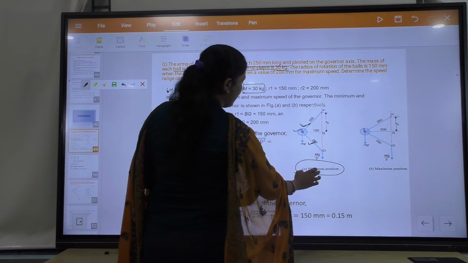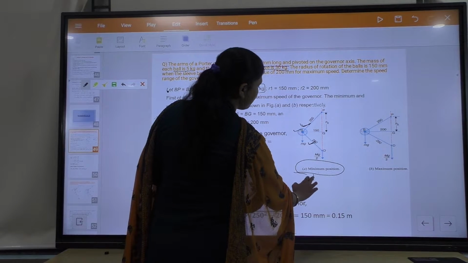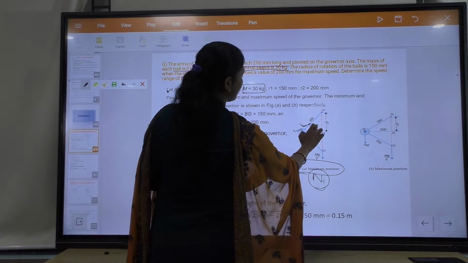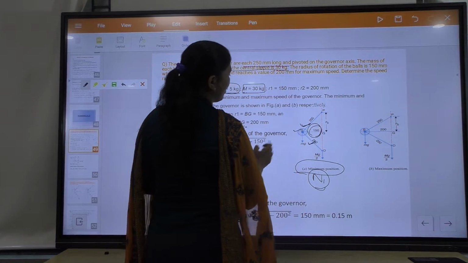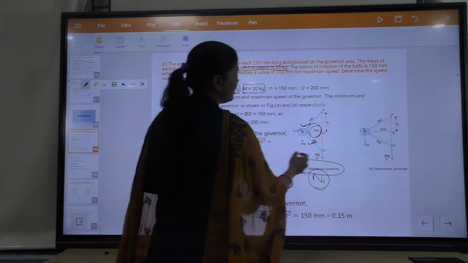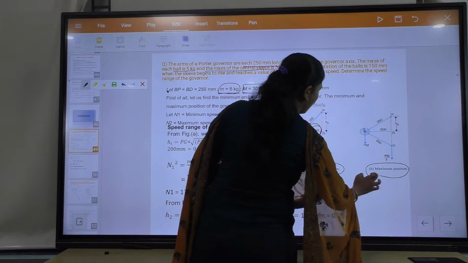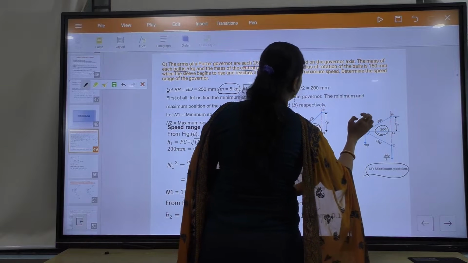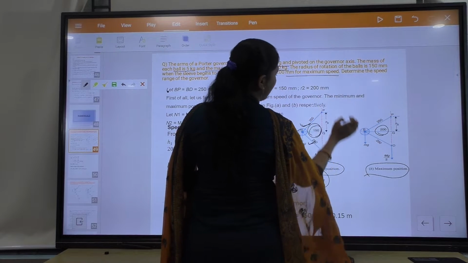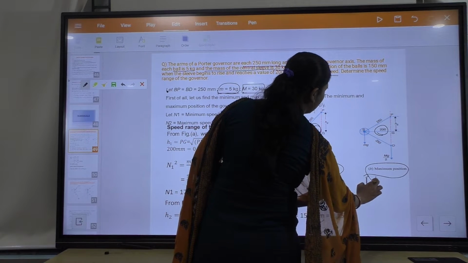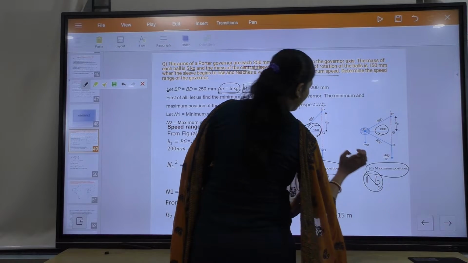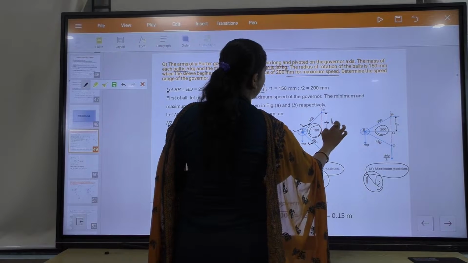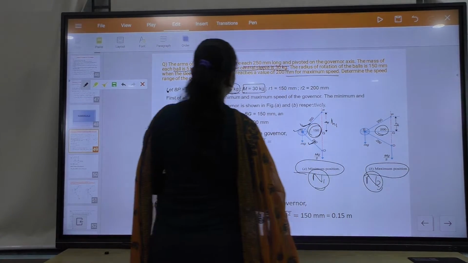Let at this minimum position your minimum speed be n1, and at that time the radius of rotation given in the question is 150 mm. This is your maximum position, when the radius of rotation is 200 mm and the speed is maximum. Let the speed be n2. So this height is your h1 and this is your h2.